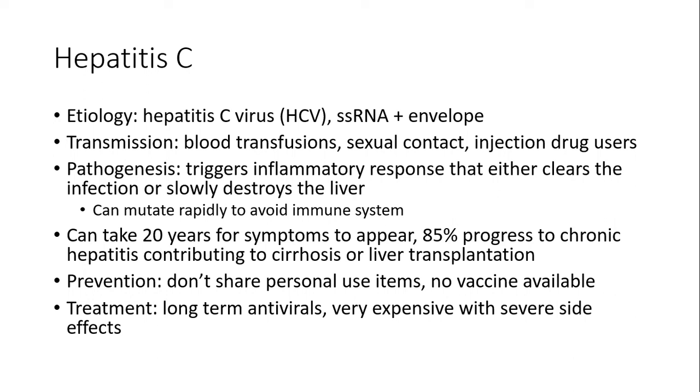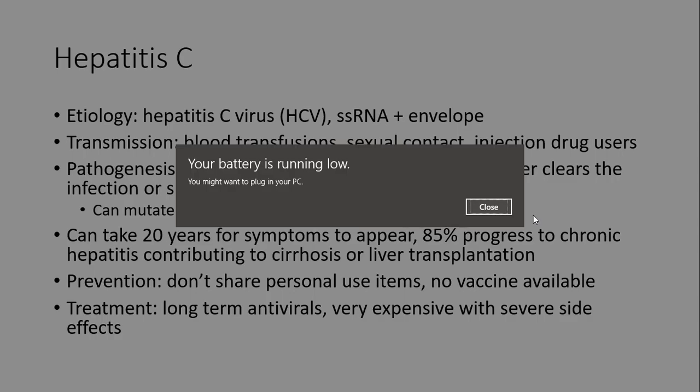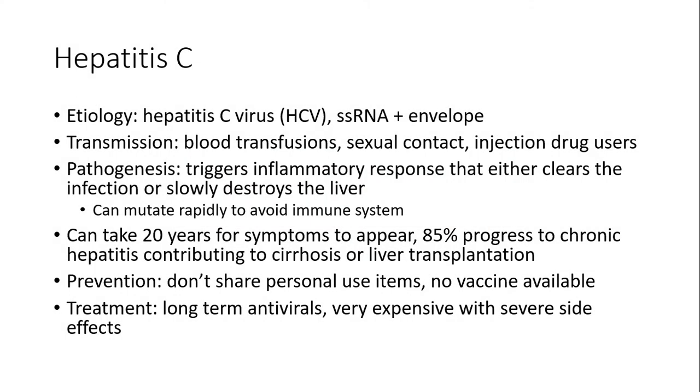It can take, unfortunately with this, 20 years for symptoms to appear, and 85% will progress to chronic hepatitis, which will then contribute to things like cirrhosis of the liver or even requiring liver transplantation. As far as prevention goes, you want to make sure you don't share personal use items, you don't even want to share things like razors or anything of that nature.